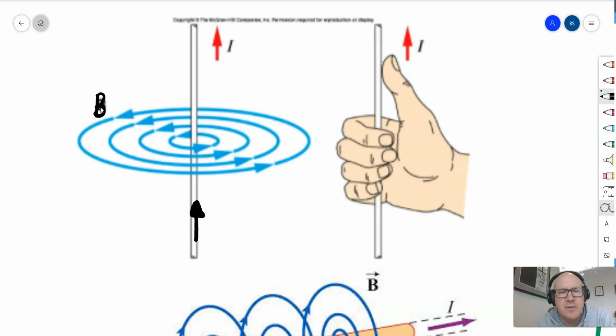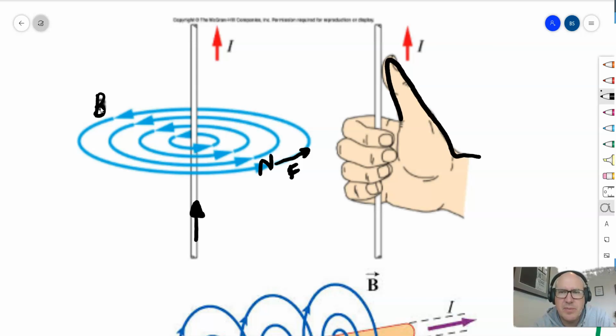Now to find out the direction of the magnetic field, in other words, if I put a north pole here, the direction of the arrow shows that the north pole will head off in this direction. We'll feel a force in that direction. To find that direction, we need to use a right-hand grip rule.